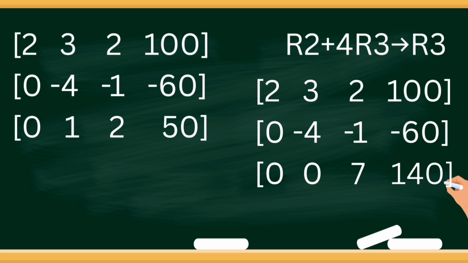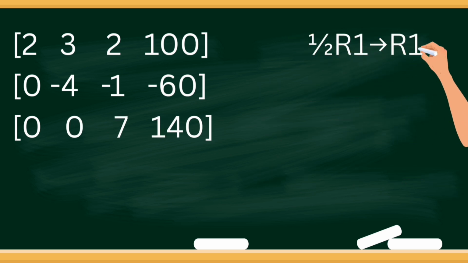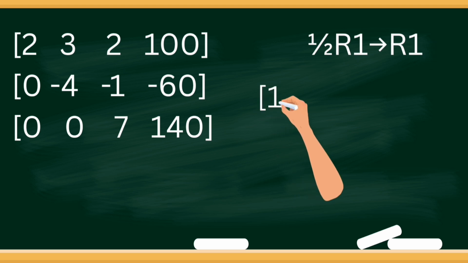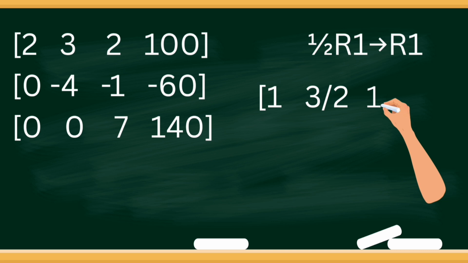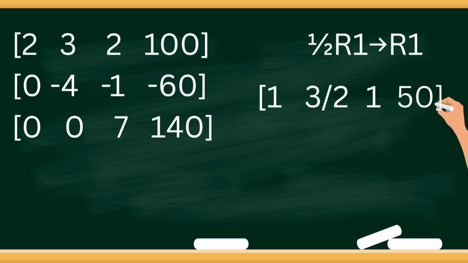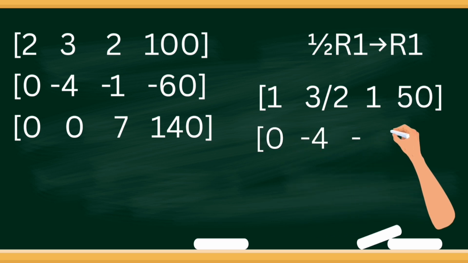The operation that we're going to use is 1 half R1 is your new R1. 1 half times 2 is 1. 1 half times 3 is 3 half. 1 half times 2 is 1. And 1 half times 100 is 50. And let's just copy the numbers in row 2 and row 3.